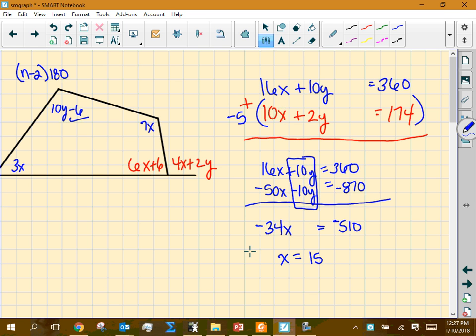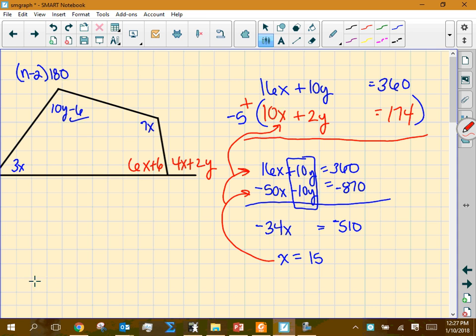Now when you find x, you can plug that back into either that equation, or that equation. Any one of the original equations, or even the ones that you've manipulated, to find y. I'm going to plug back into the red one here, because that's the one that deals with y being kind of the smallest, right?